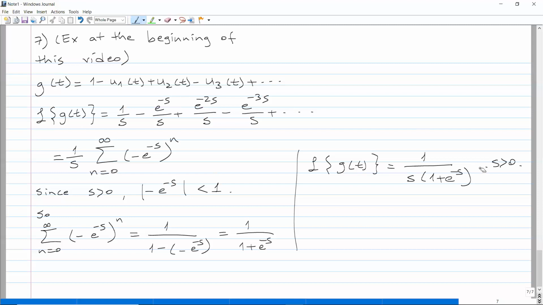We can now use the Laplace transform of unit step functions. We can write our function using unit step functions and then compute the Laplace transform and proceed as before. And this is what we are going to do in the next lecture. So that's all for lecture 22.